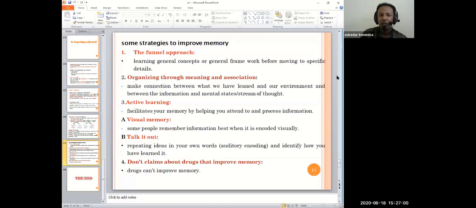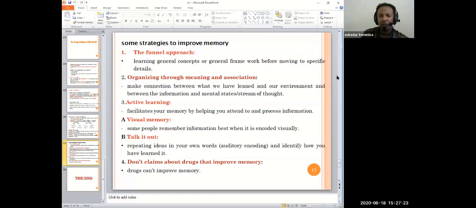So when we read something new, let's not act like a tabula rasa, like a white sheet of paper. When we read something new, we have to reorganize it with what we know before. We have to see it from our cultural point of view so that we can store it in our long-term memory.